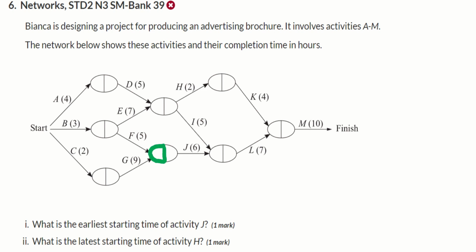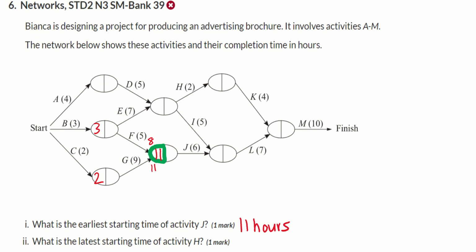All right, so if I just start with the ones that look like they're going to have something to do with J, we're going to have 0 at the start, plus 3, plus 2. Now you can see here what's going to happen. 3 plus 5 gives me 8. 2 plus 9 gives me 11. We take the biggest number. So the earliest start time is 11 hours for J.